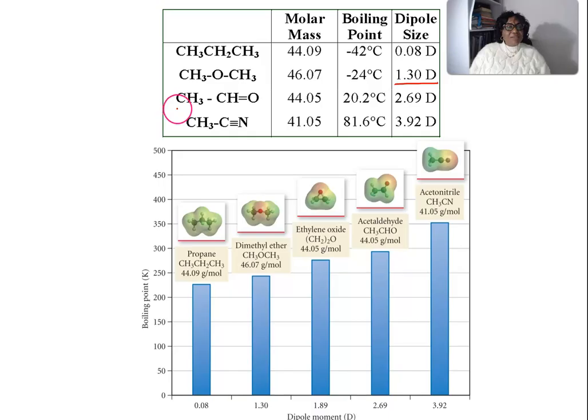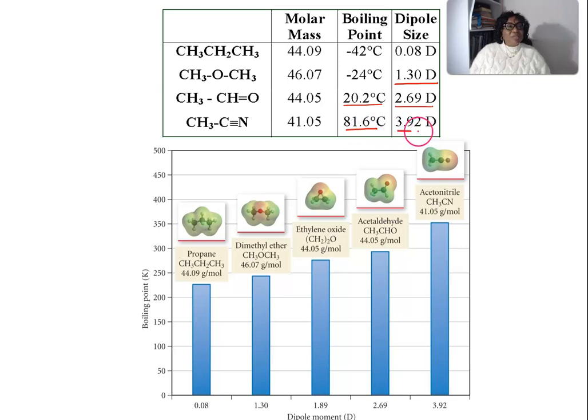Then we want to look at ethylene oxide. Almost the same molar mass as propane. But look at its boiling point, because it has a very high dipole moment. Then we look at acetonitrile. Its molar mass is even less than that of propane. But look at its boiling point, 81.6 degrees Celsius.